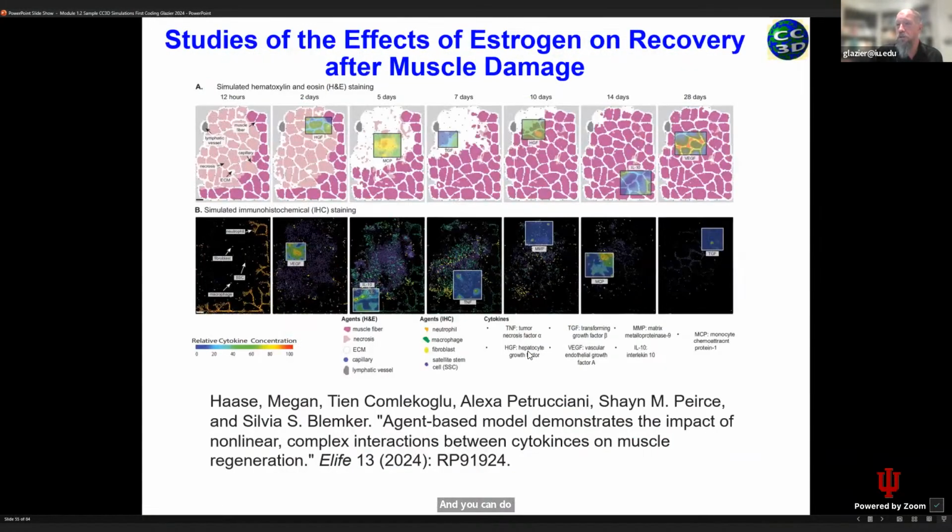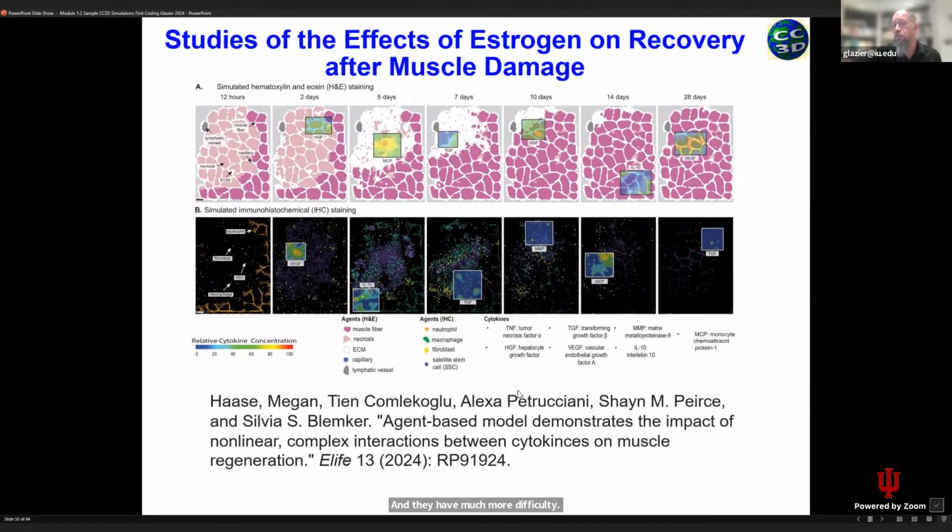There's some beautiful work that's being done by Megan Haas, who I hope is going to be speaking to us on Friday, of muscle damage and recovery using CompuCell. She's particularly interested in the effects of estrogen on that. After menopause, estrogen levels go down in women, and they have much more difficulty with recovery after muscle damage.